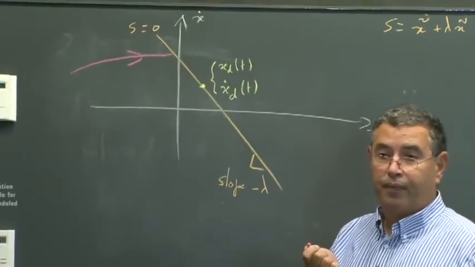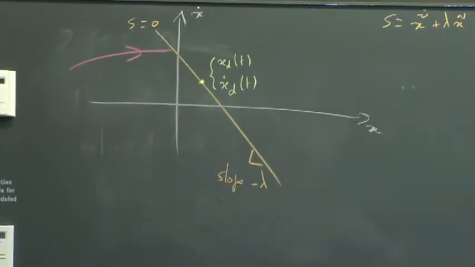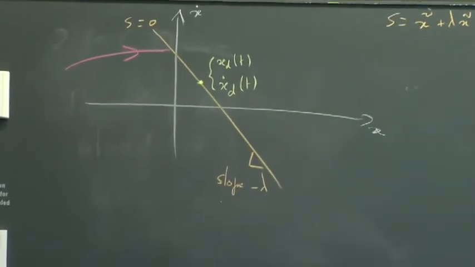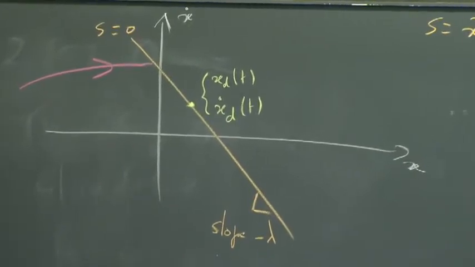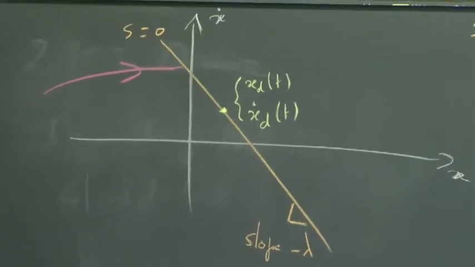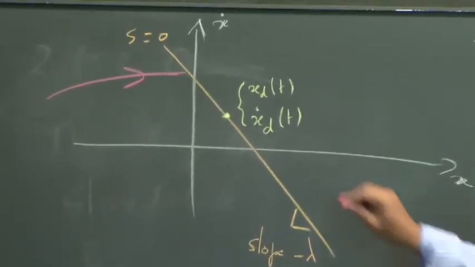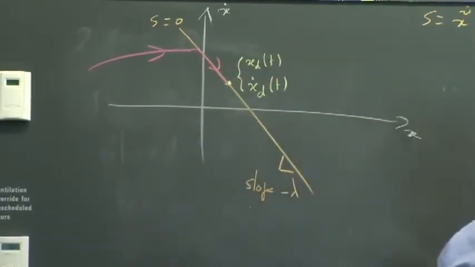What happens? Well, once you're in there, of course, you stay along this line, but it means once you're in there, you verify the differential equation x tilde dot plus lambda x tilde equals 0. So once you're in there, you're going to actually slide along this plane all the way to xd.